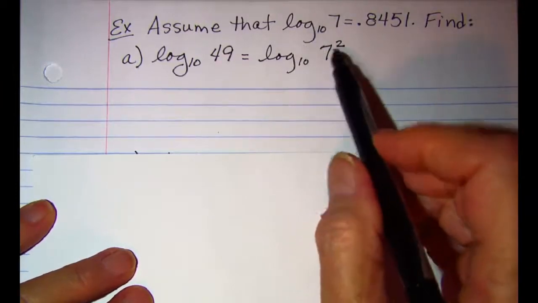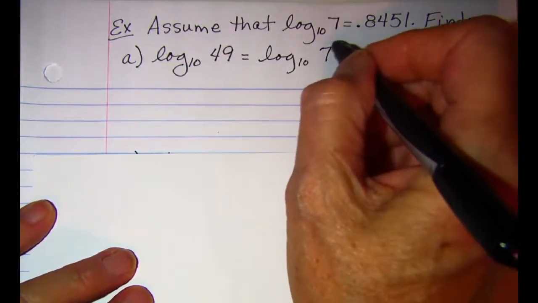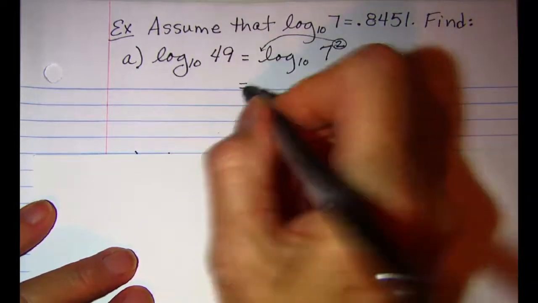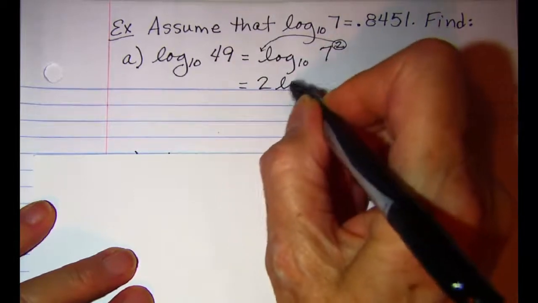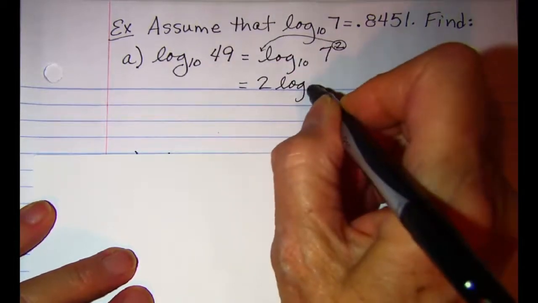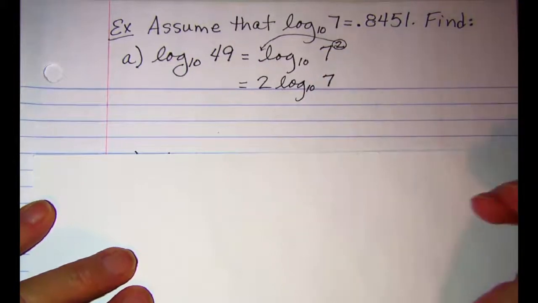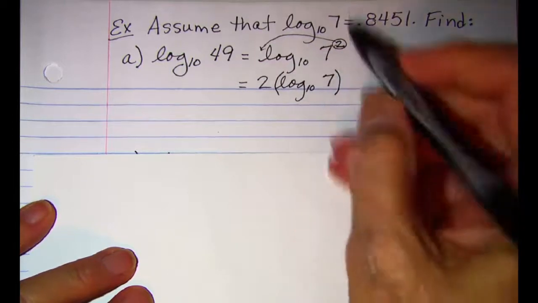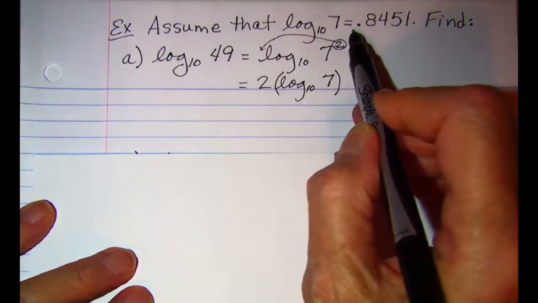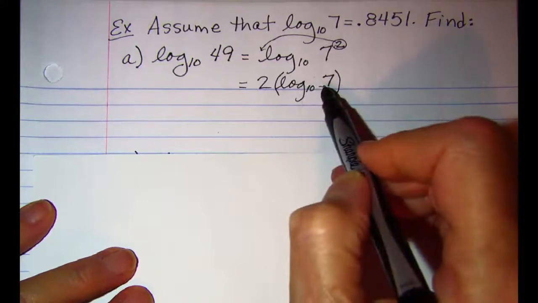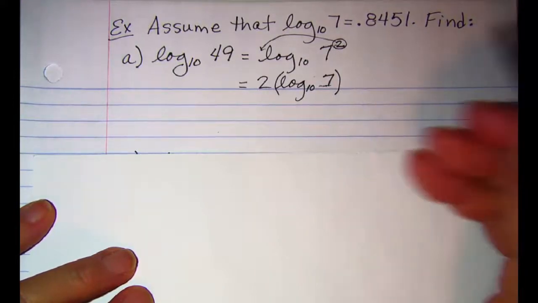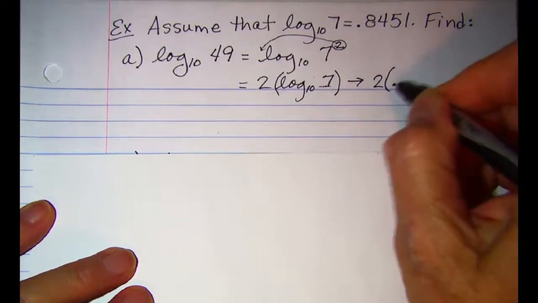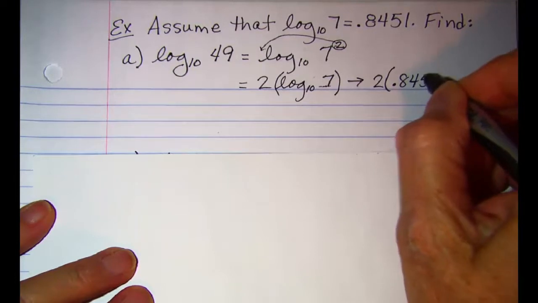Now, property 3 allows me to take this exponent and write it as a factor out in front. So this is 2 times the log base 10 of 7. Now this log of 7 base 10 is what I'm given up here in the directions. So I can take this factor, log of 7 base 10, and replace it with 0.8451.